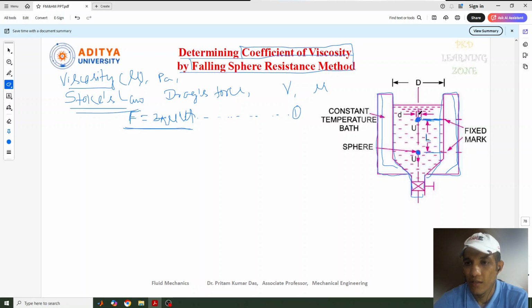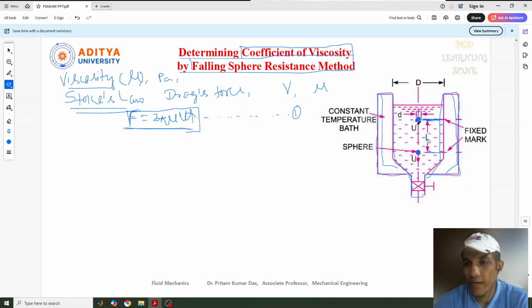The sphere is moving inside this liquid with a velocity u. Now this is the Stokes law we have identified, and as I told you, the drag force is the difference between the weight of the sphere and the buoyant force acting on it.